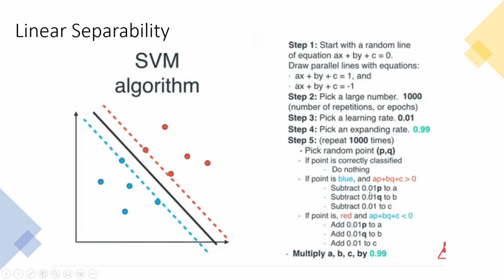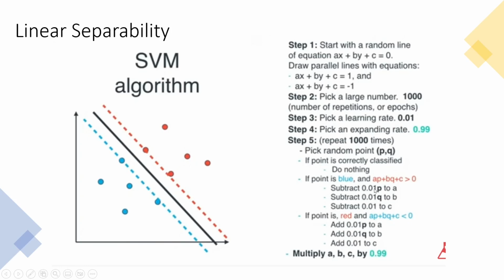Then we subtract 0.01, which is our learning rate, remember, times p from a, and we subtract learning rate times q from b, and we subtract the learning rate from c. If the point is red, if we selected (p, q) as one of these guys, but the equation says it's smaller than 0, okay, then we do the opposite of this.